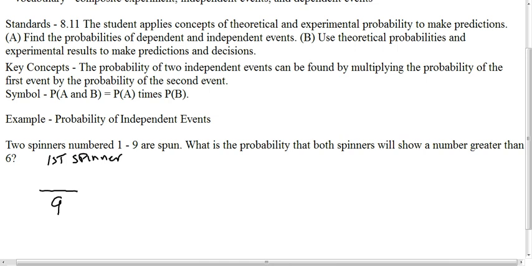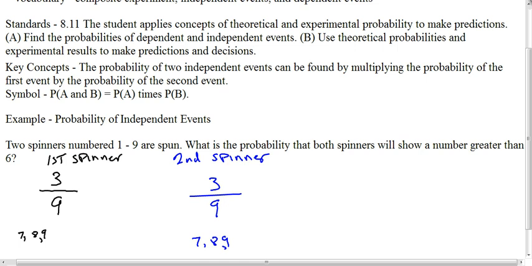We would not include 6, but we know it would be 7, 8, and 9. So that gives us a 3 out of 9 chance of it happening. Well, let's take a look at the probability of the second spinner. Again, because there are 9 and it's the same, 7, 8, and 9 are greater than 6, we have a probability of 3 out of 9.